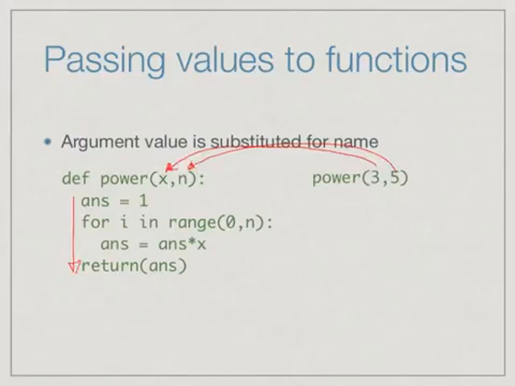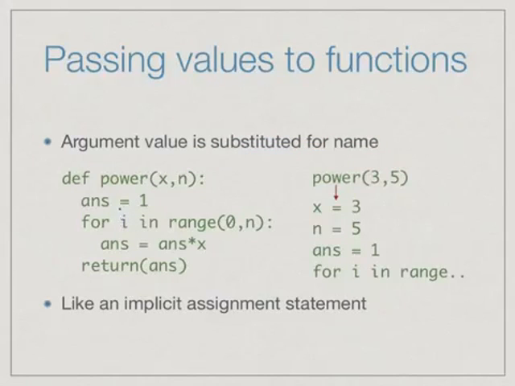You can imagine that when we run this code, it's as though we have this code inserted into our program at this point, preceded by this assignment. This assignment says set the value of the name x to the value passed, namely 3, and set n to 5. So this assignment is what takes place effectively when you call a function.